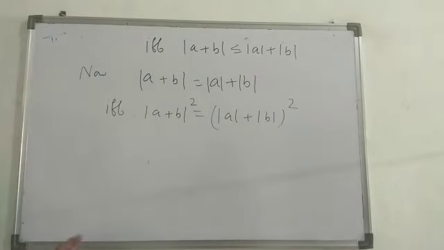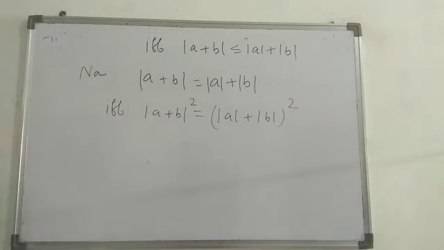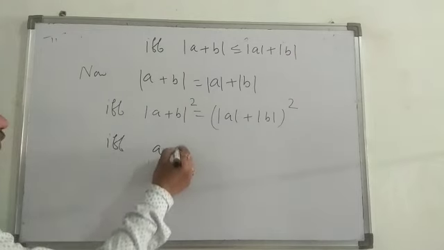By the second part of theorem 9, |a|² is the same as a², because a² is always greater than or equal to 0. So I may remove the modulus from here.